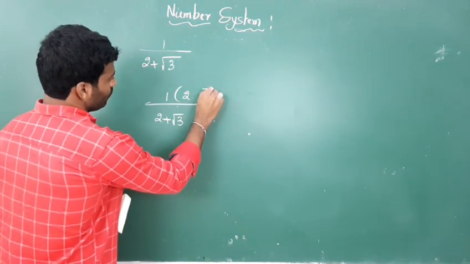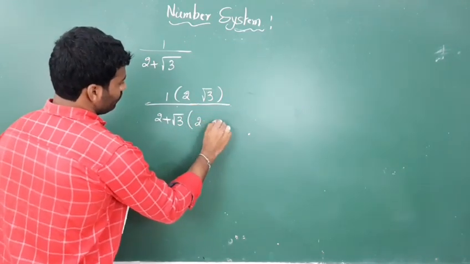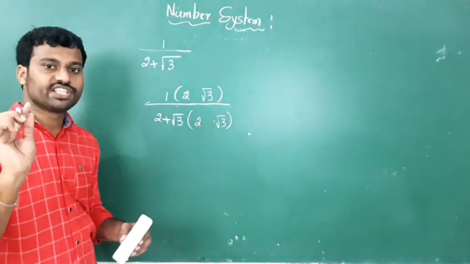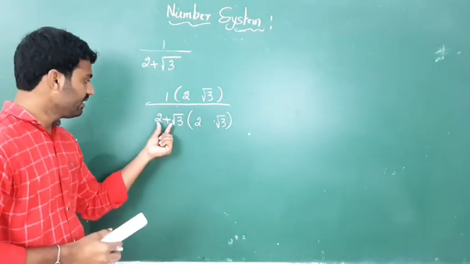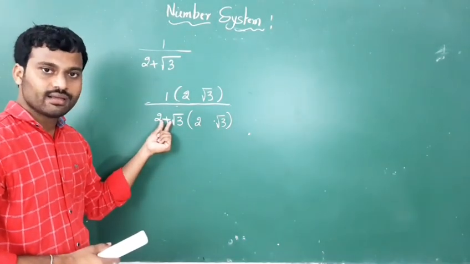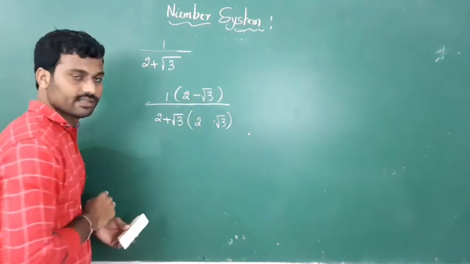So 2 root 3. See, one small change. Here between 2 and root 3, what is there? Plus is there. If plus is there, we should take minus.